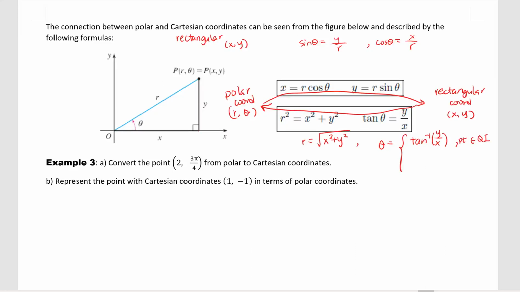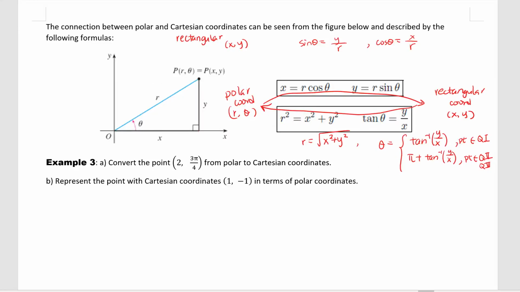If the point is in the second or the third quadrant, then because the range of arctangent only covers minus pi over 2 to pi over 2, that only covers quadrant 1 and quadrant 4.